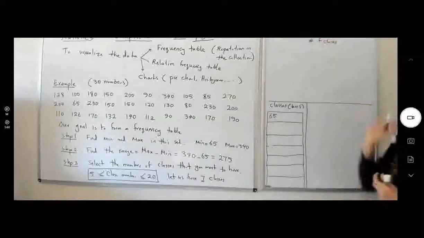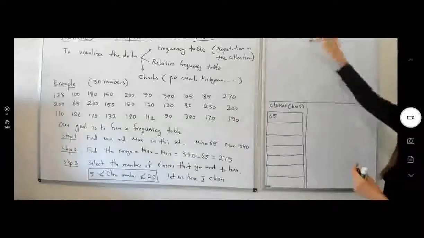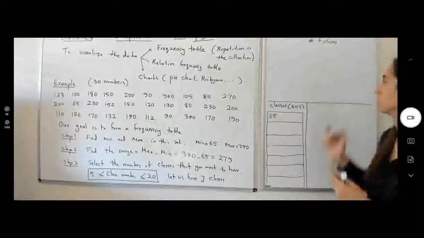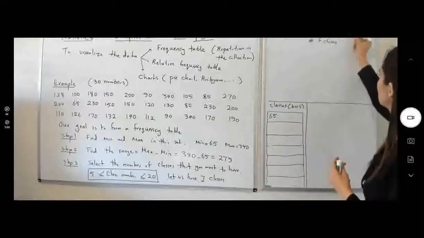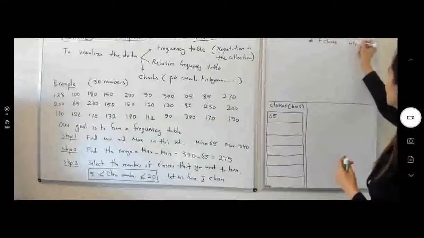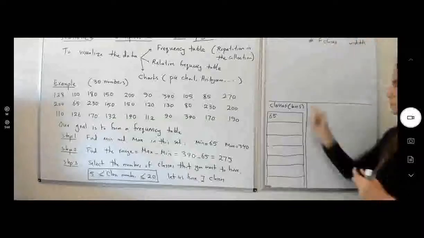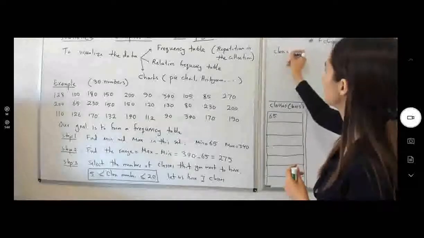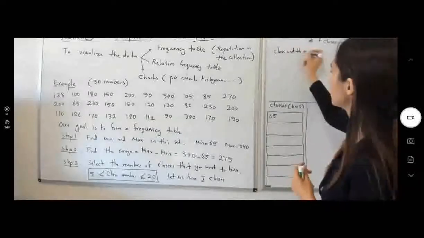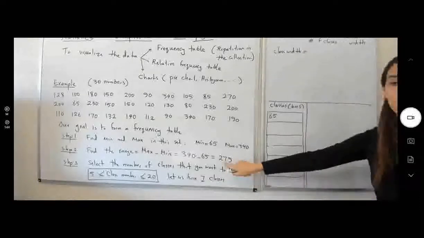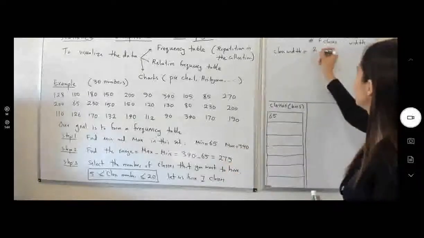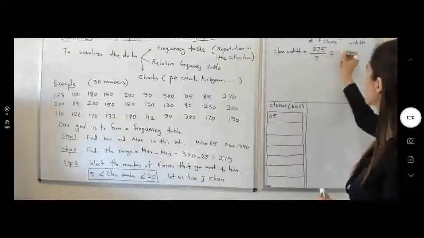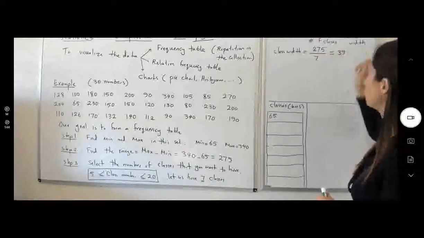This is the general formula. It gives you something called the class width. So for this example, our class width is equal to the range, 275, divided by 7.